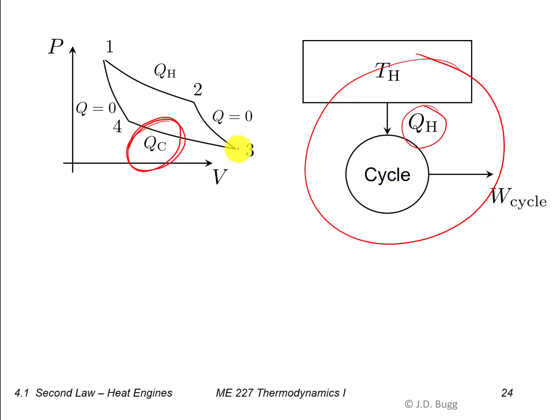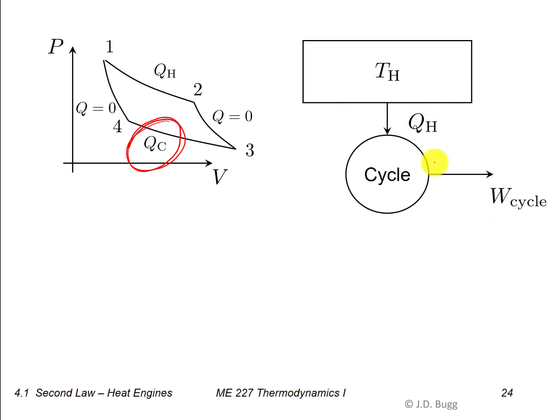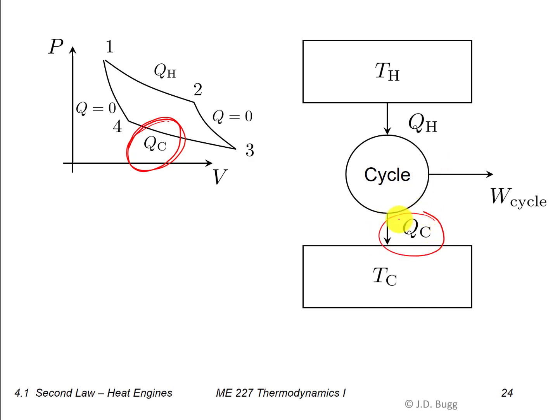During the process from 3 to 4, heat is being transferred out of our cycle, or we say heat is being rejected from the cycle to the surroundings, and the amount of heat is QC. So this schematic diagram that we started off with is incomplete, and instead we need to add another reservoir here to represent this heat rejected to a cold reservoir.